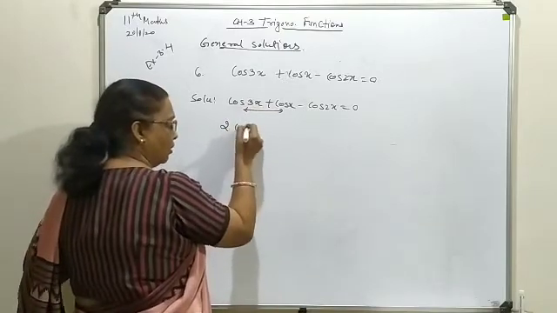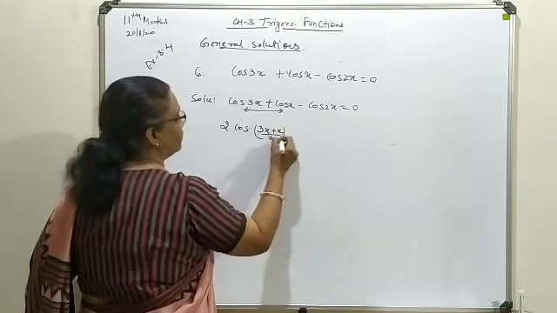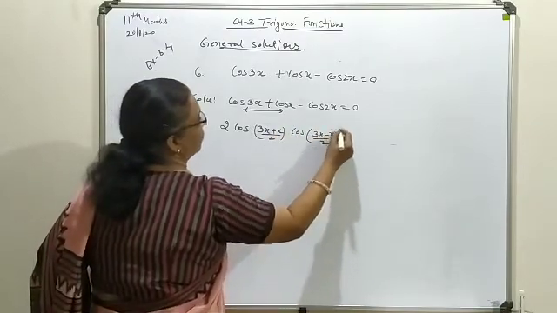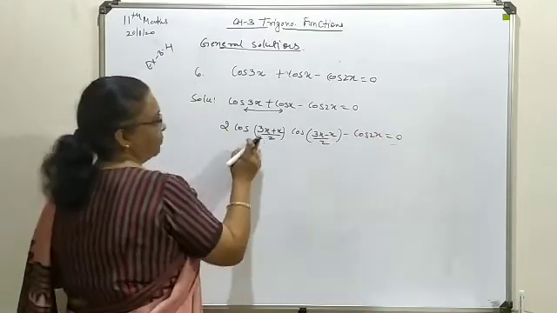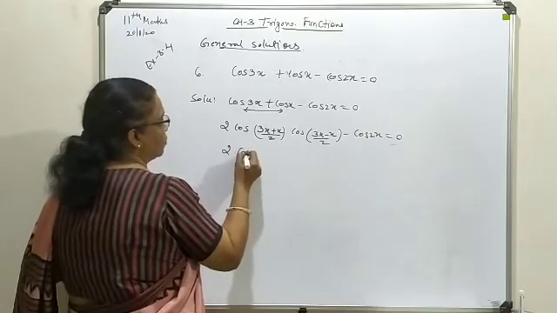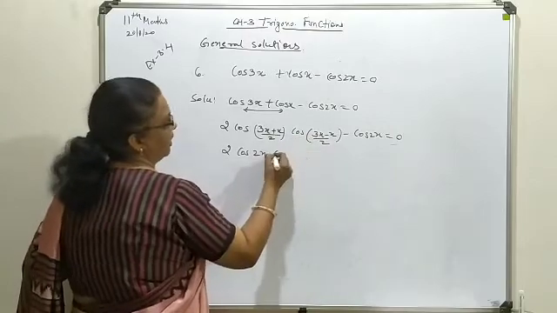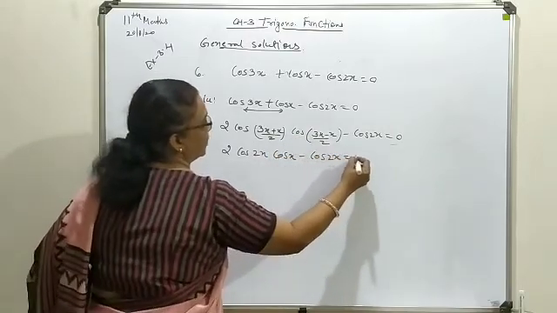This is 2 cos (3x plus x)/2 cos (3x minus x)/2 minus cos 2x, keeping it as such. Make them add and divide by 2. This will give you cos 2x, 4x upon 2. This is 2x upon 2, meaning cos x only you will have, minus cos 2x.